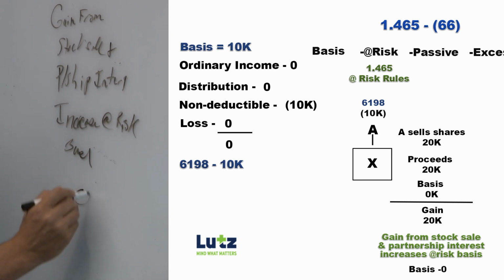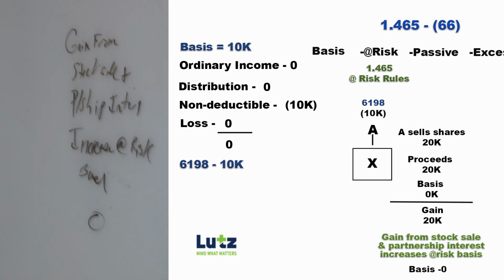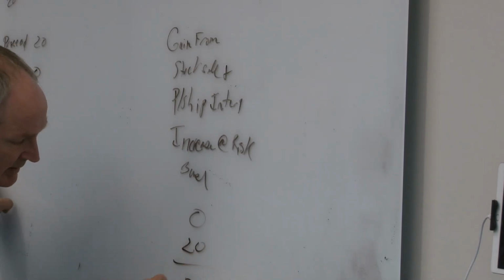So my at-risk basis starts at 0. I have $20,000 of gain. So my at-risk basis increases to 20.